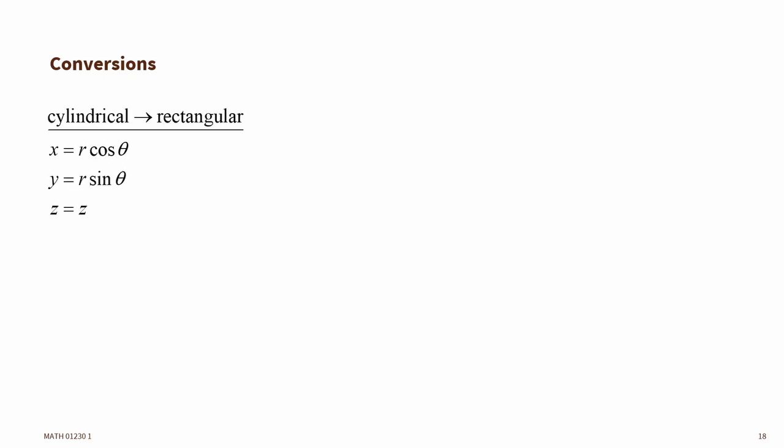Conversions. These are your relations for cylindrical to rectangular and from rectangular to cylindrical. Right, so you have 6 total relations that relate cylindrical and rectangular coordinates. Well, technically, 5, because 2 are the same.